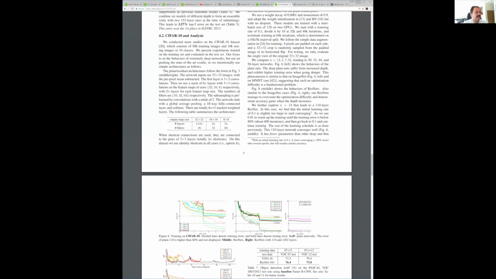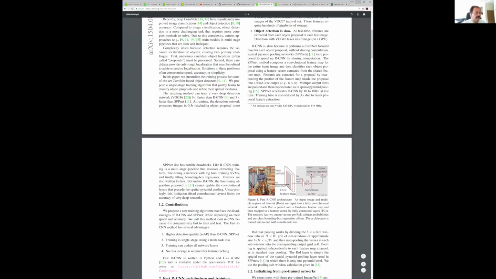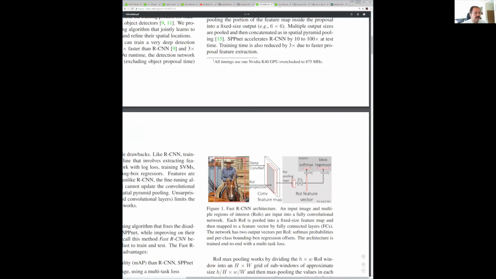I can't spot it very easily. I can just show you this in this paper here. I don't know what you're seeing right now. Let me just quickly share this one.